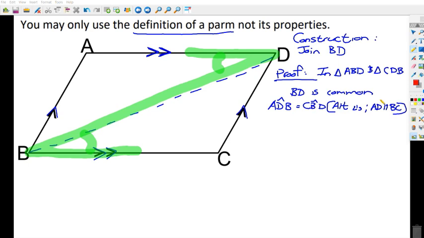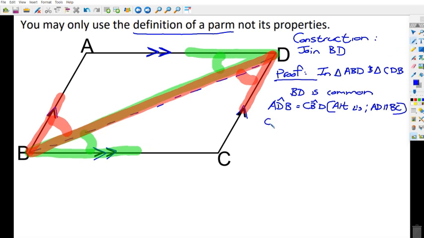Let's look here. This is parallel to this line over here. If we draw them and connect them together, what do we see? We see a Z. So can we see that this angle over here is equal to that angle over there? Do you see that? Now we're getting somewhere.